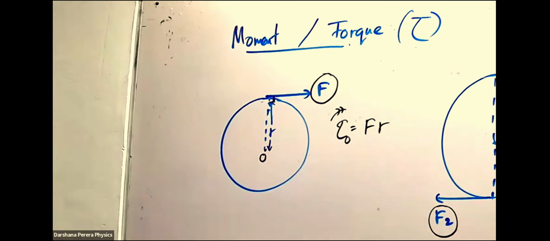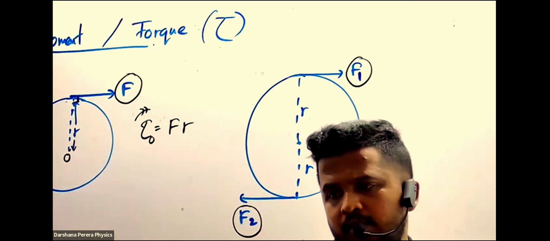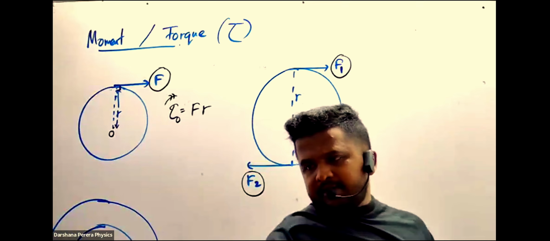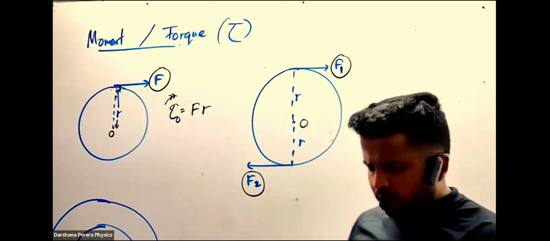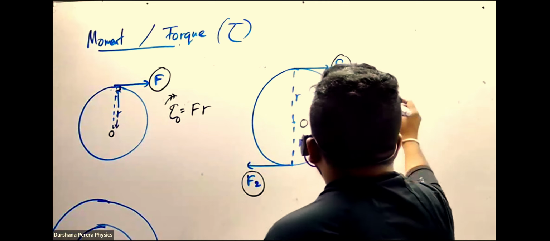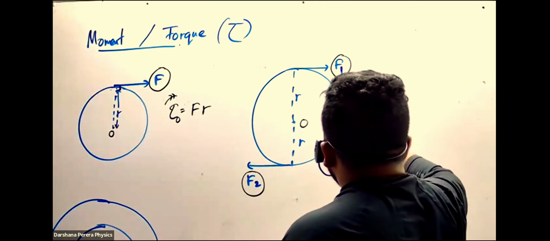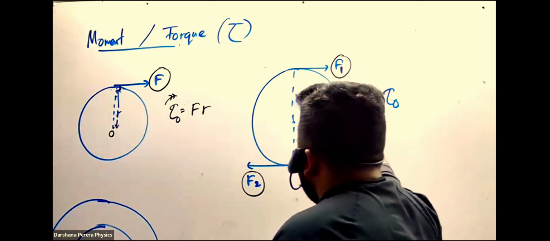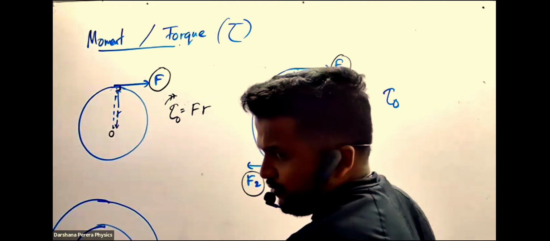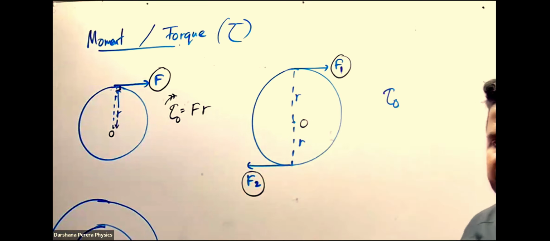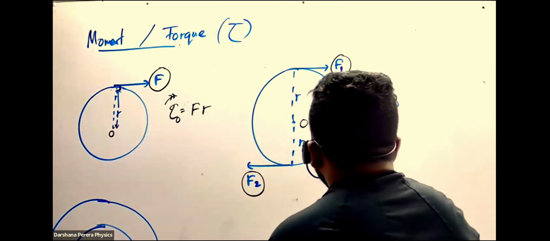Let's move to another one. Okay, let's take this one. What is the torque? It's rotating. It's like a force couple, no? Not a force couple, since a force couple should have F1 and F2 equal. It's not a force couple, but they are F1 and F2.